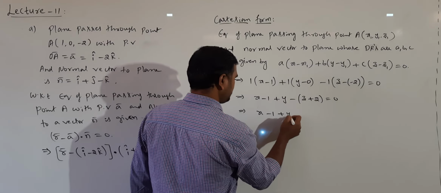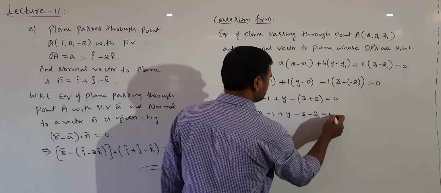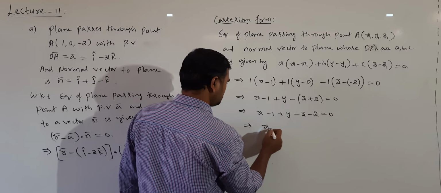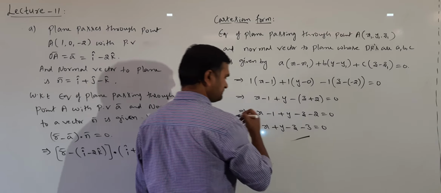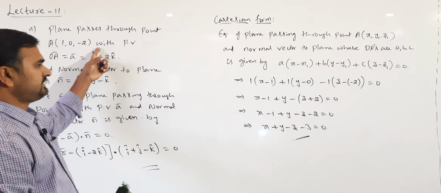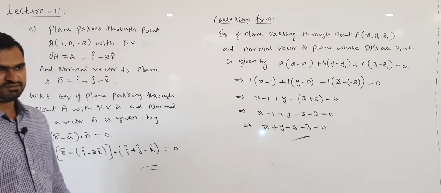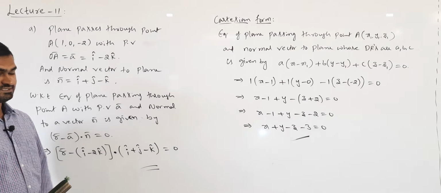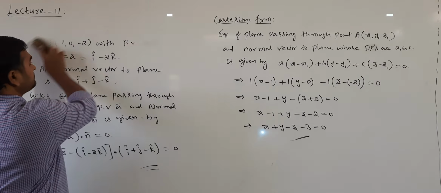So the plane is x minus 1 plus y minus z minus 2 is equal to 0. So x plus y minus z minus 3 is equal to 0. This is the equation of the plane passing through the given point and normal to the given vector. Understand? So based on the formula we are solving this question. The second part you can solve similar to this.